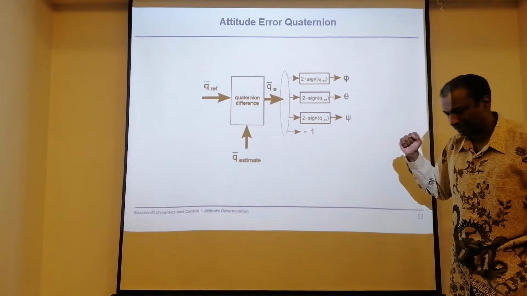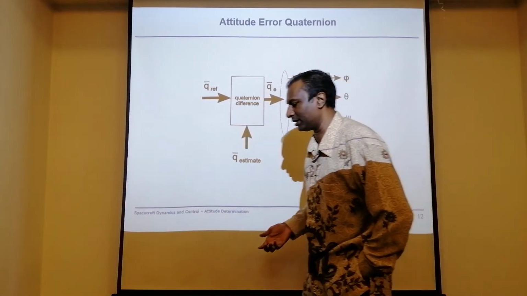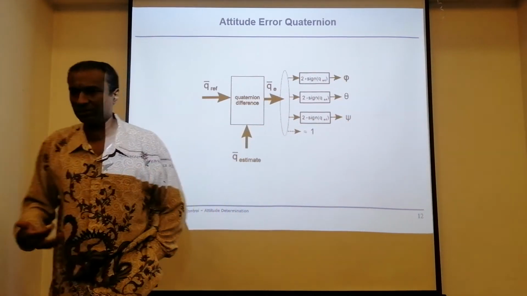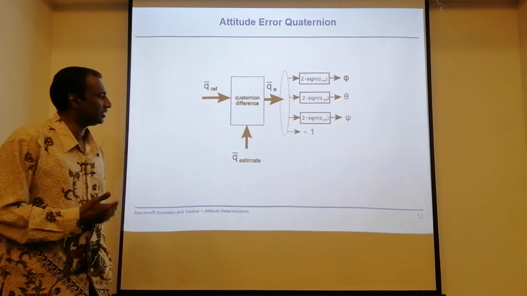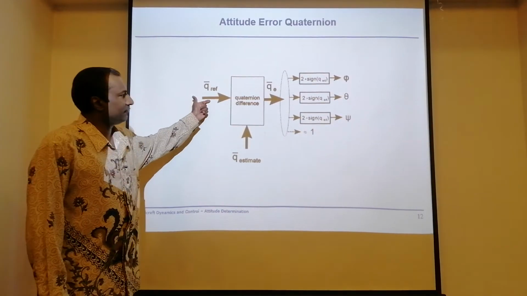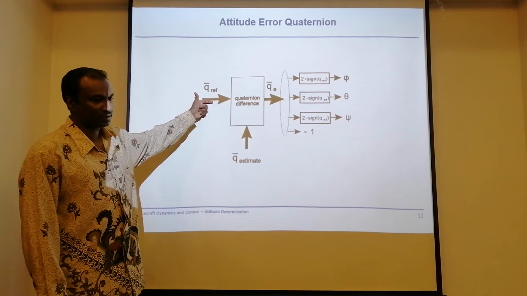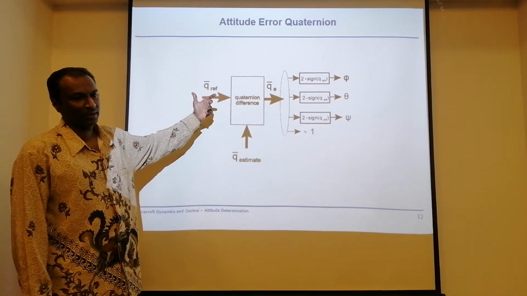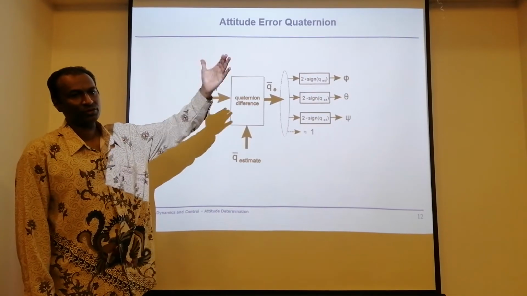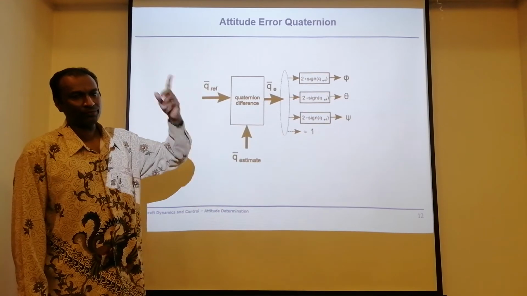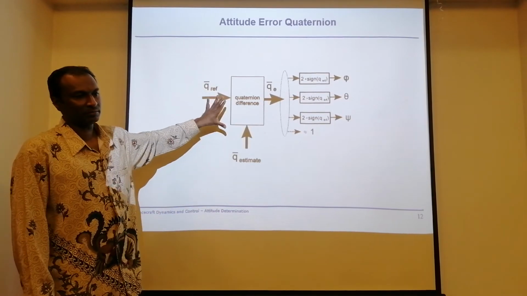Now, again back to the kinematics. What exactly are we doing? We are finding the actual deviation, the quaternion deviation. Now, the reference is given. Let's say the best reference would be, for example, 0, 0, 0, 1. That means it is perfect.